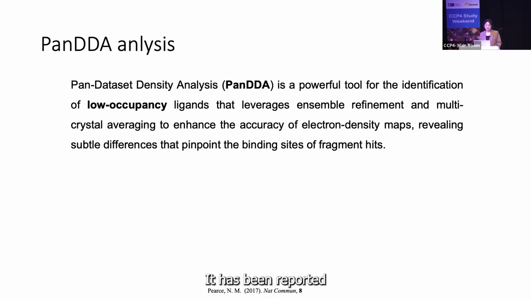It has been reported that the effectiveness of ligand binding detection by anomalous scattering is comparable to or even superior to that of PanDDA. So it will be interesting to compare their effectiveness in determining low occupancy fragments binding in incomplete electron density.